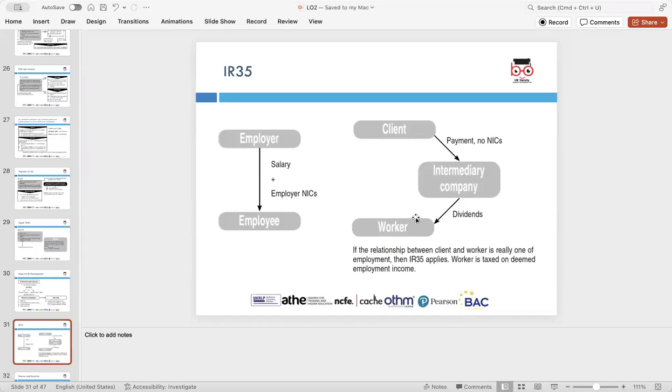So basically, IR35 is designed to prevent workers from using intermediary companies to avoid paying the appropriate taxes that would be due if they were considered employees. So it ensures that tax obligations are met fairly and consistently across different types of working arrangements.